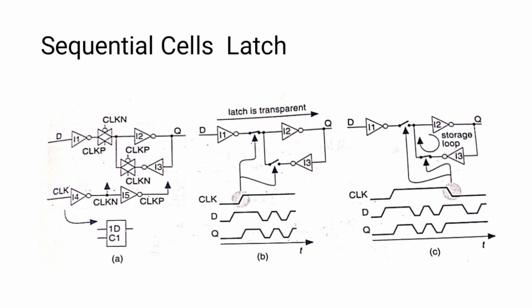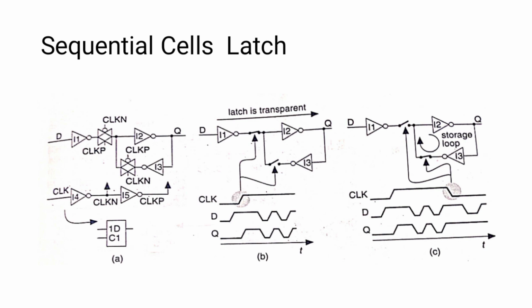When there is no connection between D and Q, it should be in a loop, that's a storage loop. That happens in C, where A is the complete transmission gate diagram, and B is the diagram which tells that the latch is transparent.